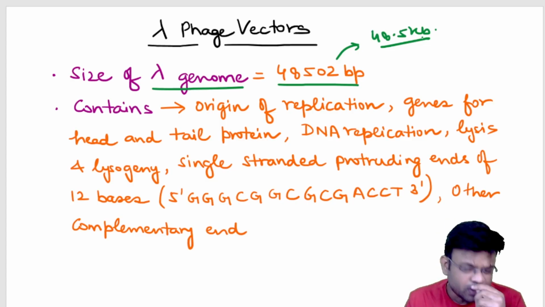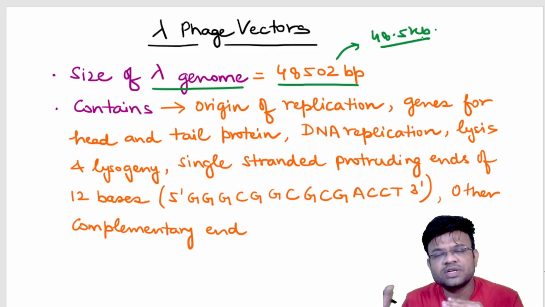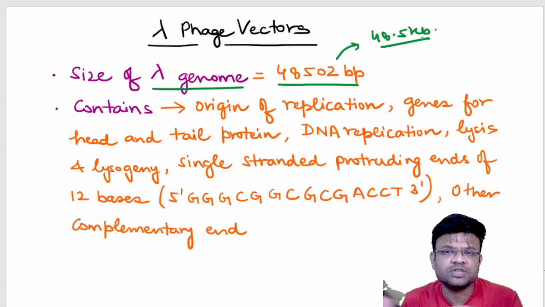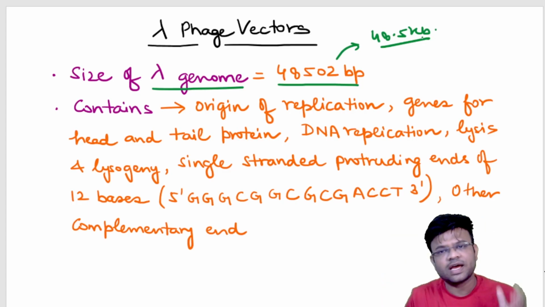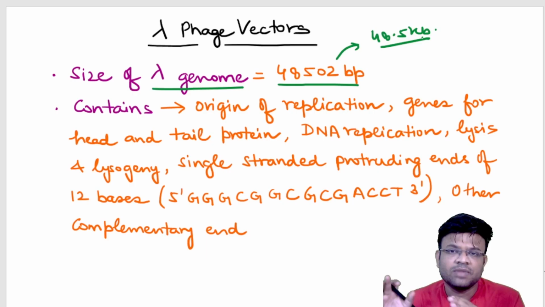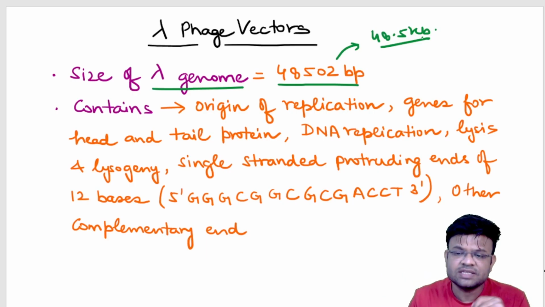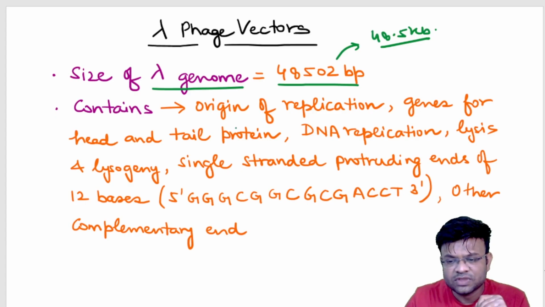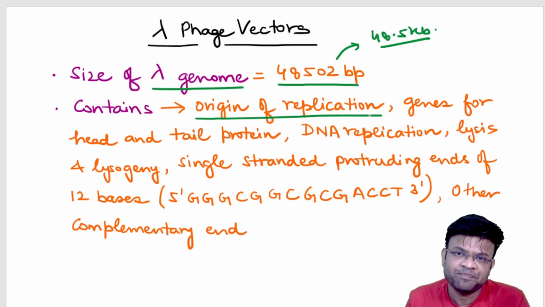Now, what are the genes that are present inside the lambda genome? This is also important, because I have given you the size of the genome, but you should know what genes are present inside it. For example, the gene for origin of replication is present. What do you mean by origin of replication?